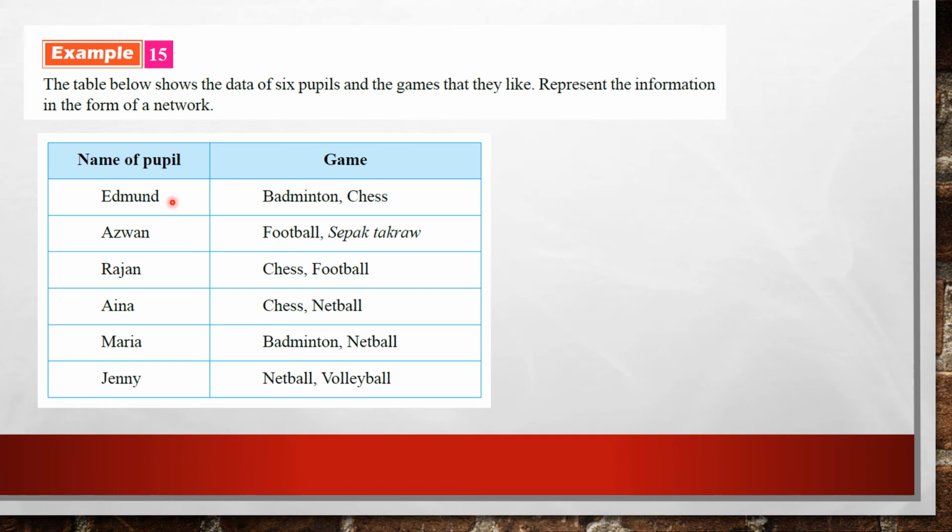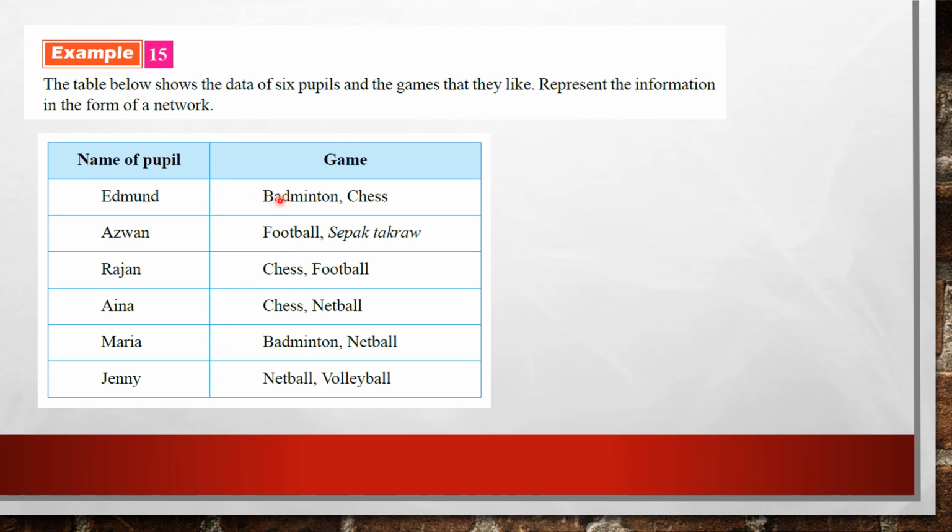So here you can see that for example, badminton is played by more than one person, that is Edmund and Maria. Chess is played by 3 pupils, that is Edmund, Rajan and Aina. That means one game is played by more than one person.